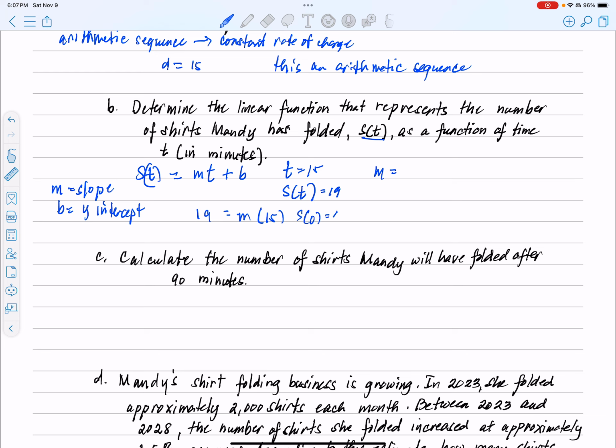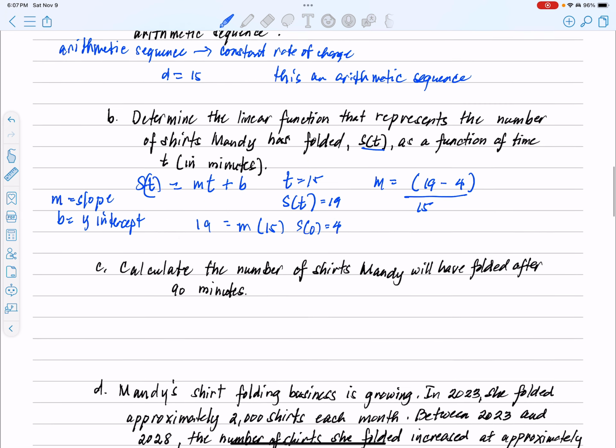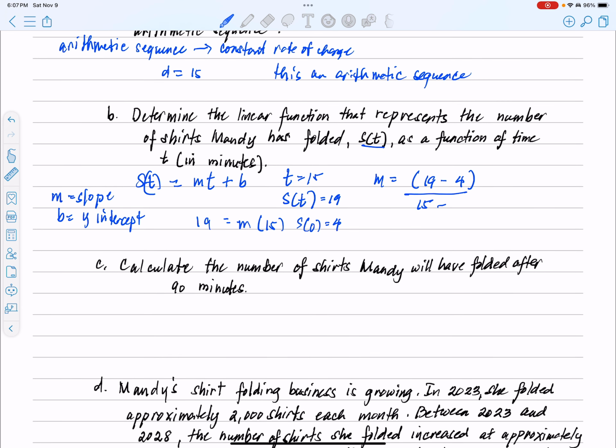So that would be 19 minus 4 over how much when it's 19? The minutes is 15 minus the starting point, which is 0. So using that, 19 minus 4, that's 15 over 15. So the slope is equal to 1.